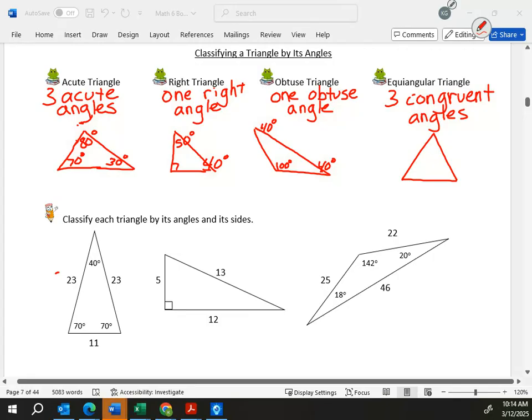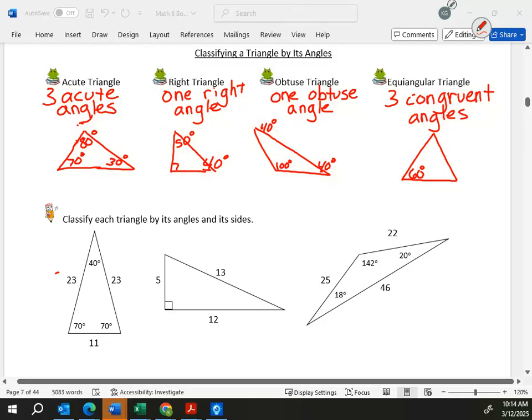What measurements could we put in for these angles, Sophie? Why does it have to be 60 degrees, Sophie? More than that, we know that they're acute, so it has to be less than 90 degrees.